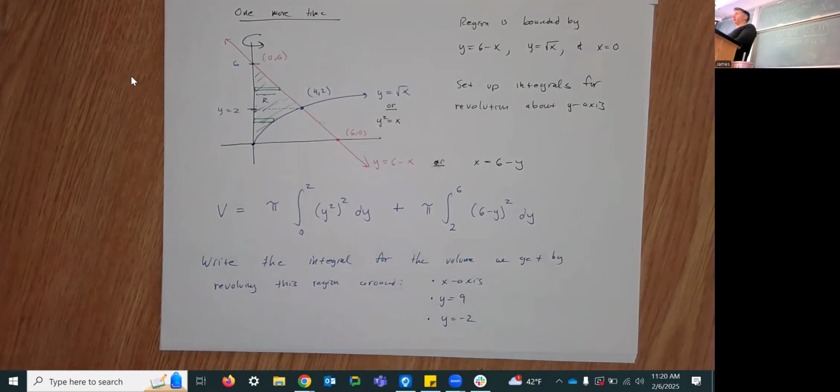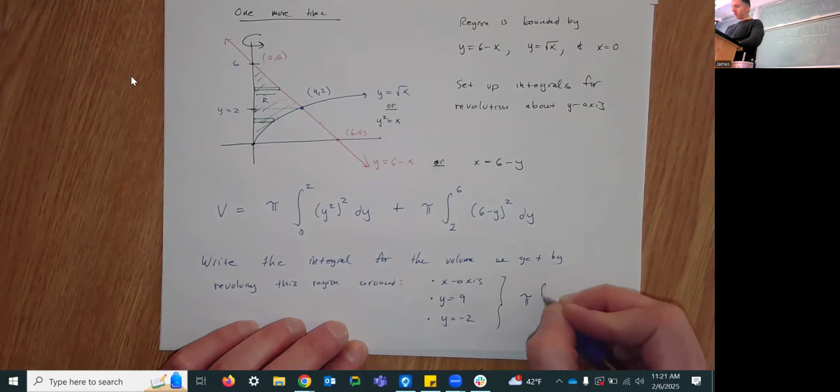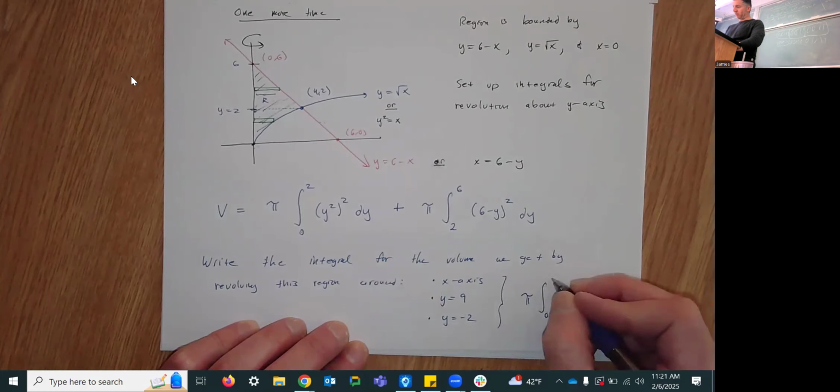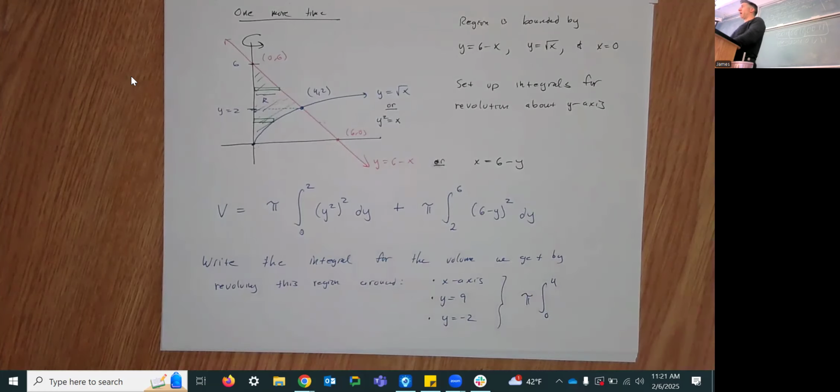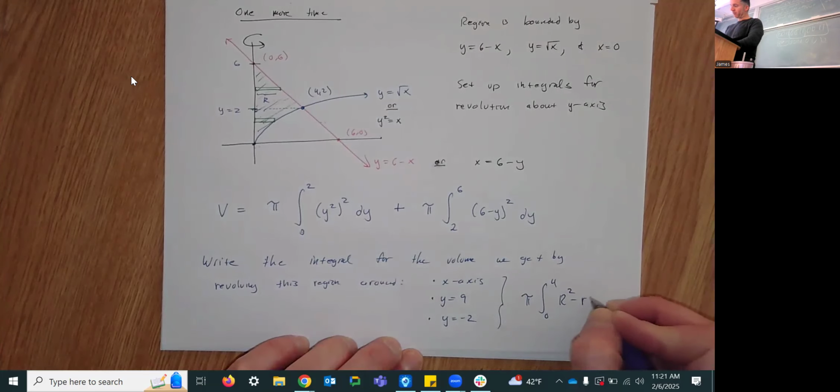All those would be good practice. They will all be single integrals. They will all be the washer method, and you'll have varying radii lengths depending on which one you pick. I'll point out that each of these will be pi times some integral from 0 to 4 of some outer radius squared minus some inner radius squared.